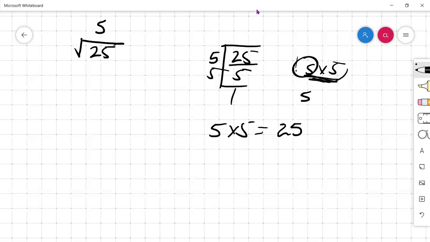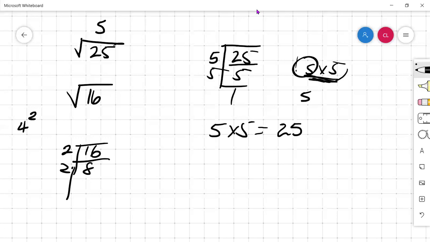Let's pick another number. Let's pick 16. If they ask us for the square root of 16, we already know that is 4 squared, not true? But I'm going to show you. Let's factorize 16: 2 into 16 is 8, 2 into 8 is 4, 2 into 4 is 2, and 2 into 2 is 1.